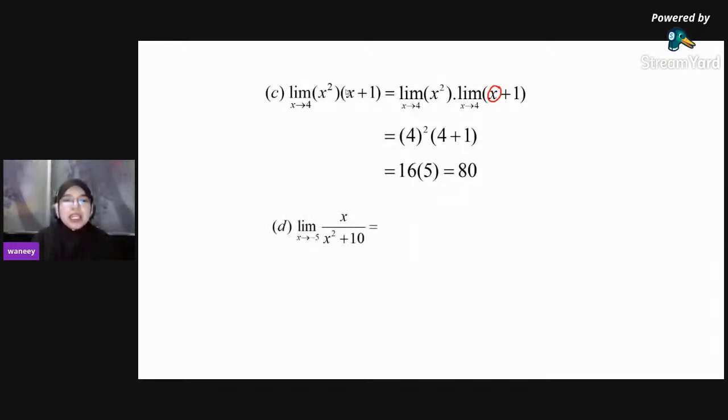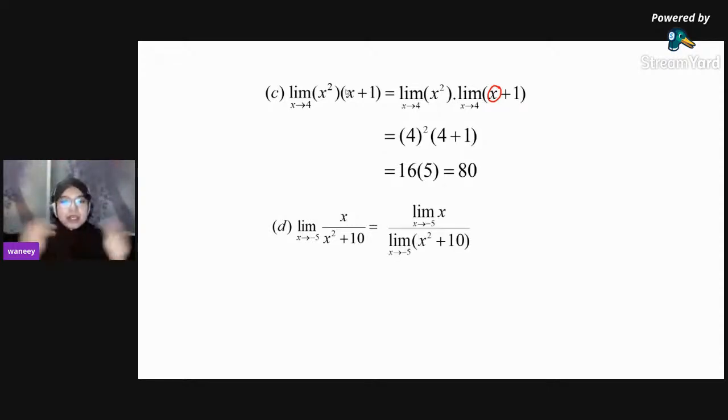D, the limit as x approaches -5 for x over x squared plus 10. So we are having something with a division. So we're going to separate the limit. So find out the limit for our numerator and find out the limit for your denominator. And then we're going to combine them together.